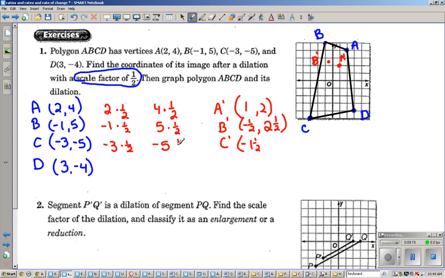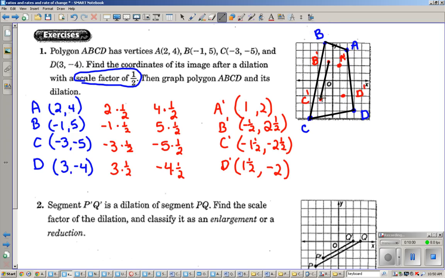And then negative 5 times 1/2 gives you negative 2 1/2. So negative 1 1/2, negative 2 1/2. That's your new C. And your last one, your D, 3 times 1/2 is 1 1/2, and your y-coordinate, negative 4 times 1/2, gives you a negative 2. So I go over 1.5, down 2. That's your new D. And then let's connect.